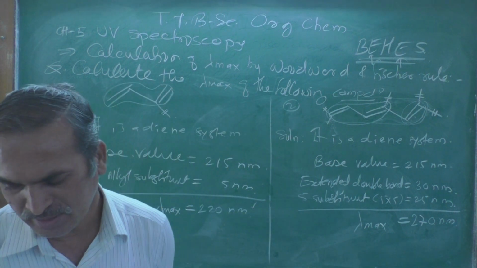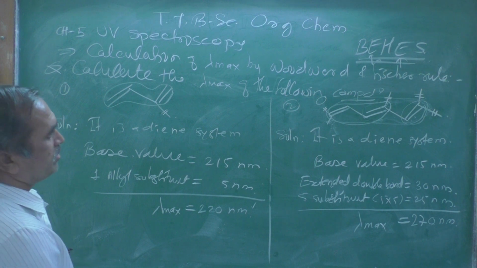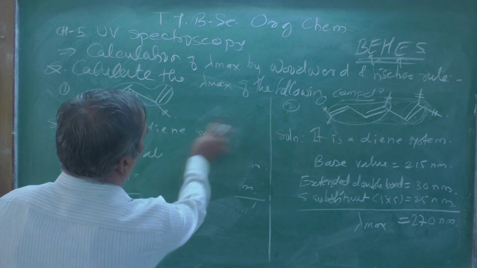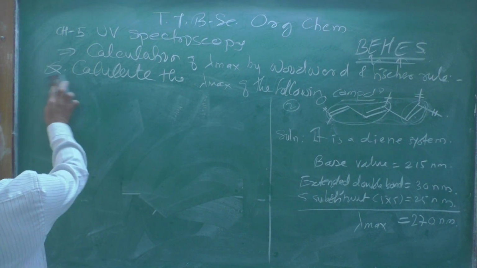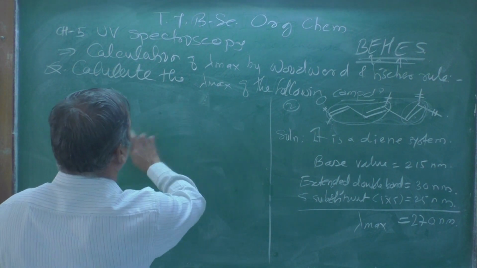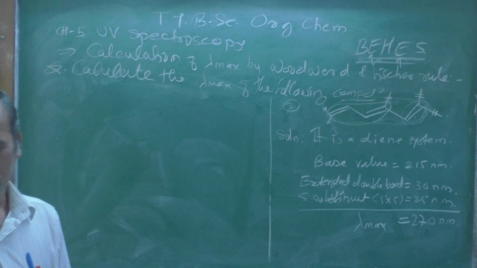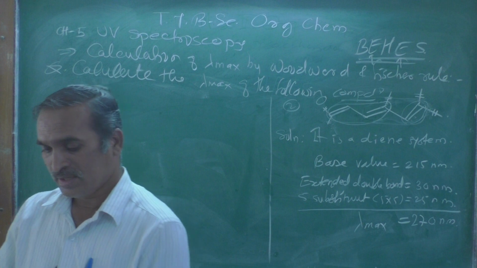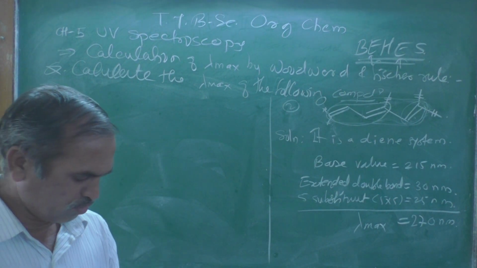Now we have seen the 2 examples, right? Now let's see one more example, so that we can see the actual Woodward-Fieser rule. Now a third example we are trying to solve over here.